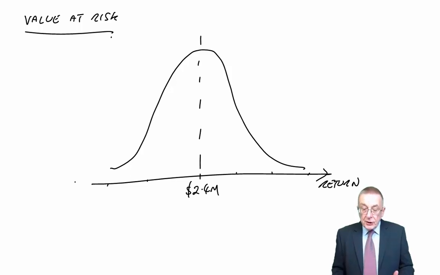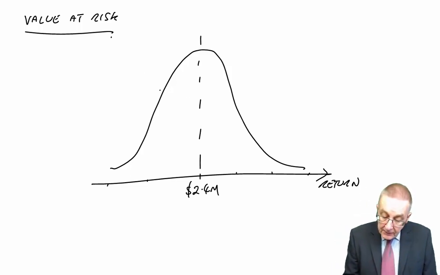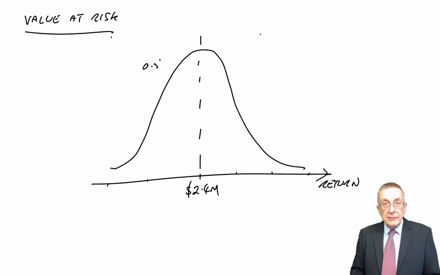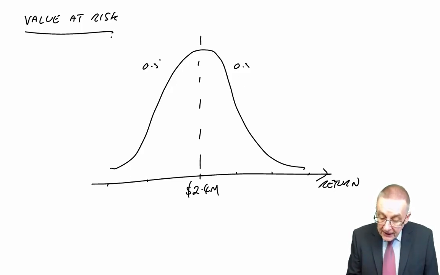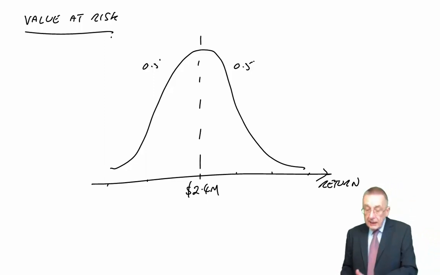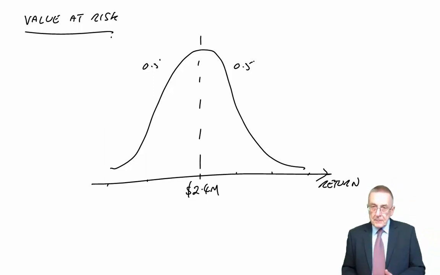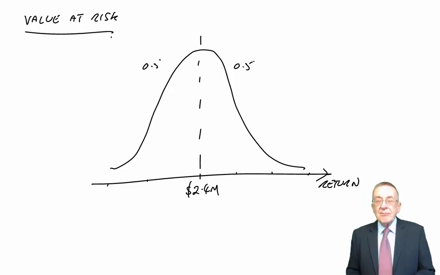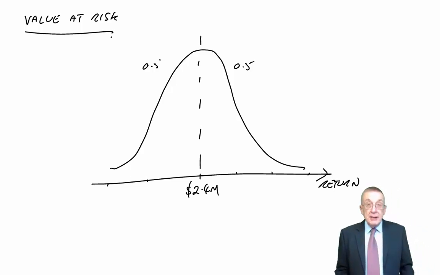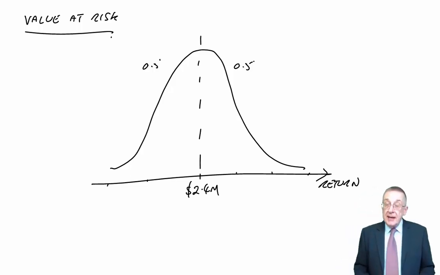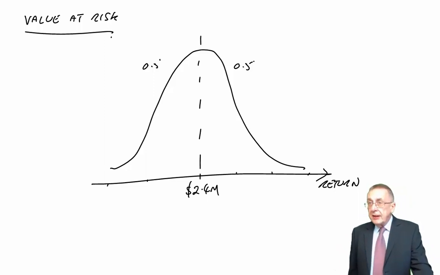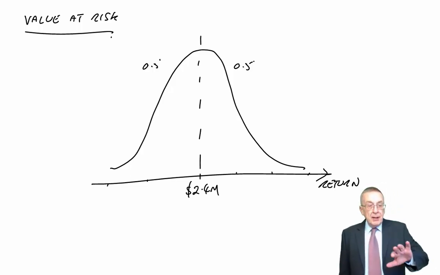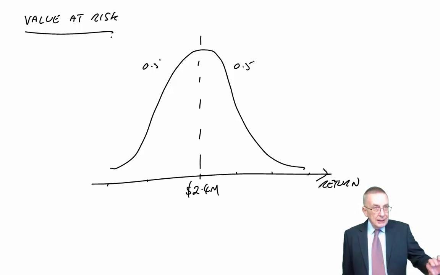We assume it's symmetrical, and so there's a 50% chance, or 0.5 probability, that the return will be below 2.4 million, and equally a 50% or 0.5 probability of it being higher than 2.4 million. Again, the actual return may turn out to be higher or lower, but when it says we've got a 95% confidence level, what it means is, remember, we're only worried if the return is lower.